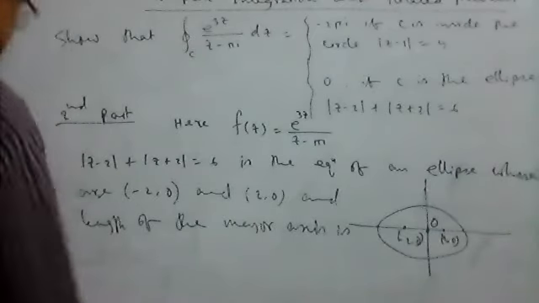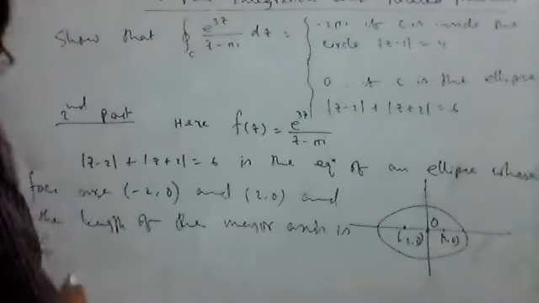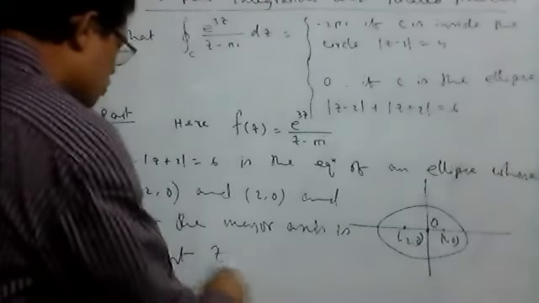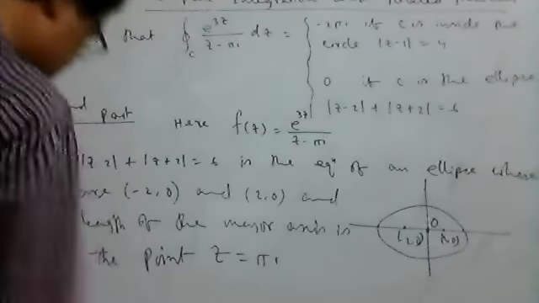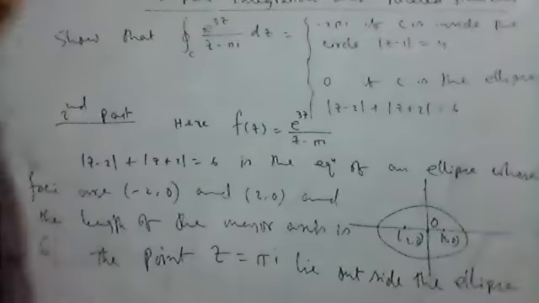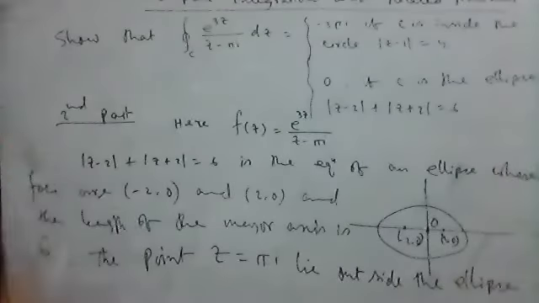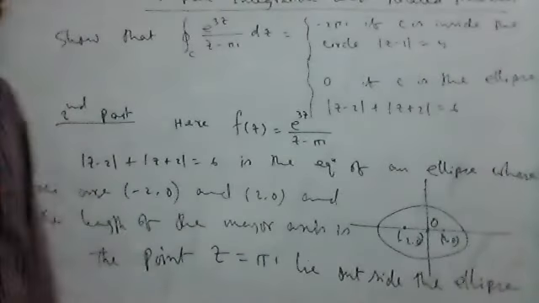The point z is equal to pi I lies outside the ellipse. This is easily understandable because the length of the major axis is 6.